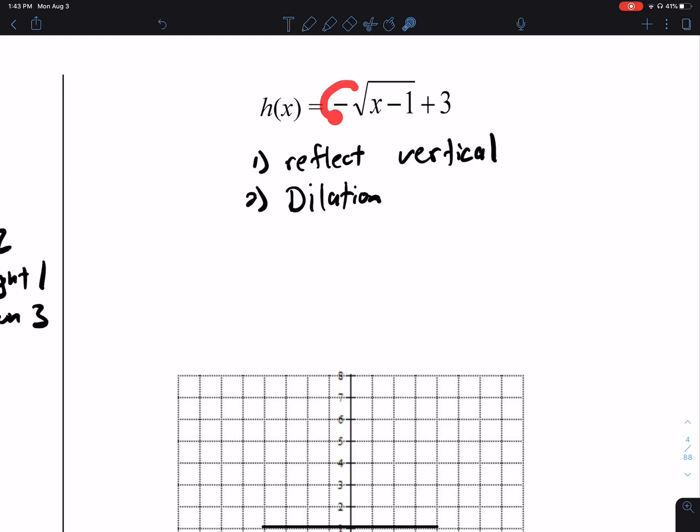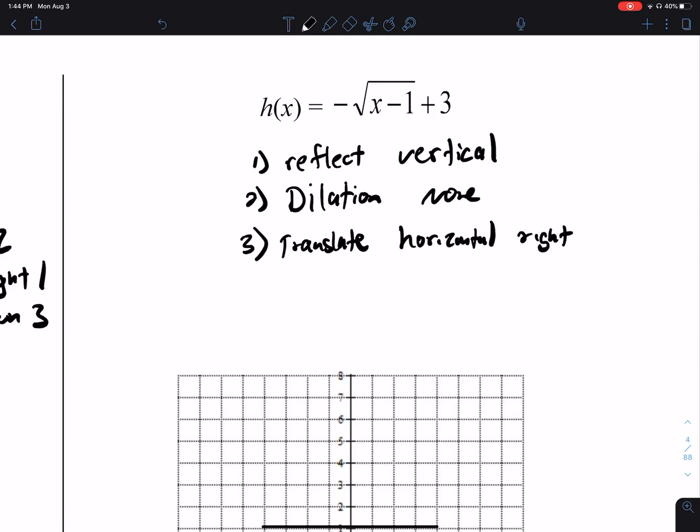Are we multiplying a number on the outside or on the inside? The answer is no, so there's none of those. Are there any translations? Sure, we're going to translate to the right horizontally 1. There's a point in me always saying horizontal and vertical that we're going to be getting to shortly. And we're going to be translating vertically up 3.